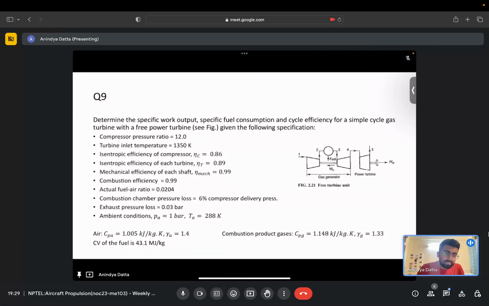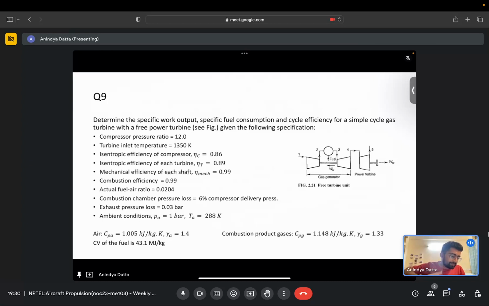After that we have a turbine, and there are two turbines. You can see that the first turbine is connected to the compressor, and the other turbine, which is what we call a power turbine, is what provides the work output for the generator. So this is what we call a free turbine unit.